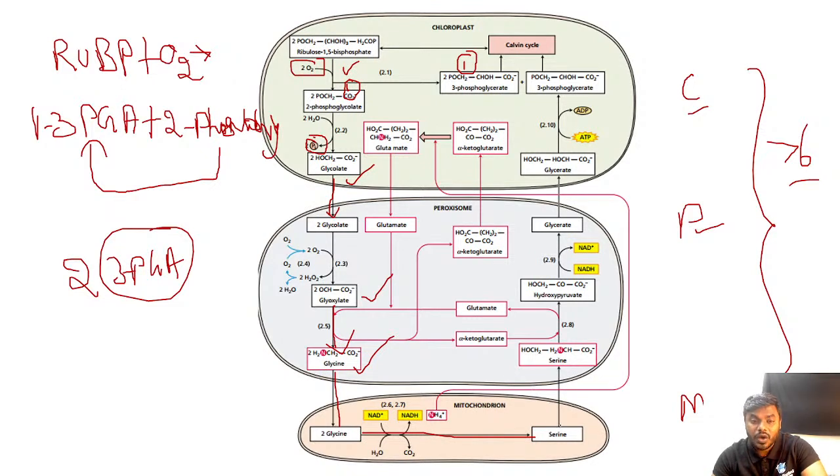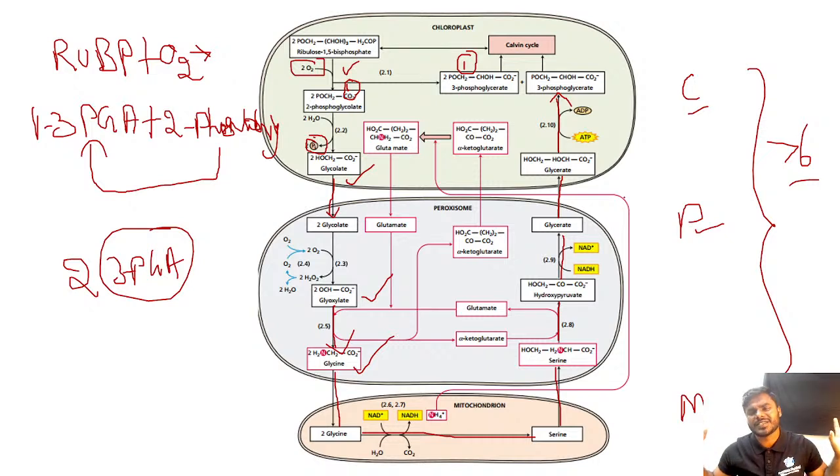Now the serine from the mitochondria enters into the peroxisome. Now the serine is converted into hydroxypyruvate. Hydroxypyruvate is converted into glycerate. Glycerate from the peroxisome enters into the chloroplast. Glycerate, my friends, ultimately is converted into 3-phosphoglycerate.